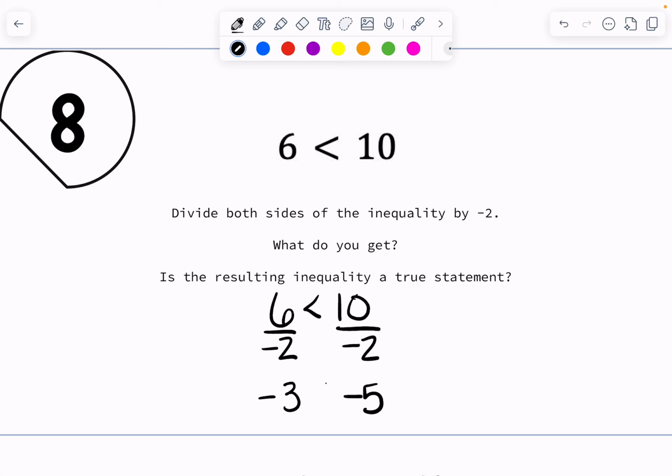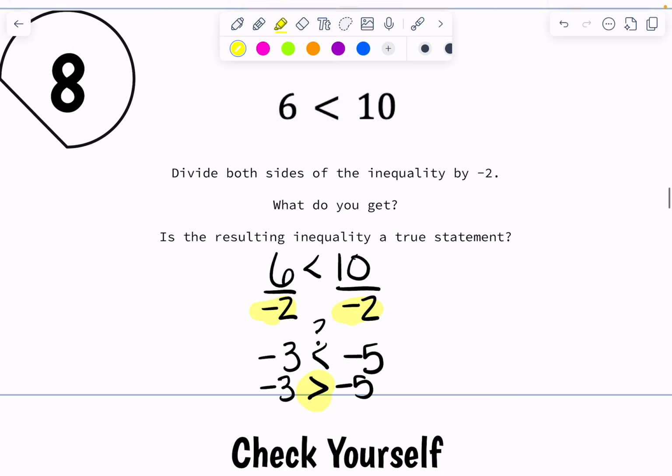And if I were to just carry this down, -3 is actually not less than -5. -3 is greater than -5. So again, we're going to note that we divided both sides by a negative number, and I end up needing to change and flip that inequality symbol for the inequality to still be true.